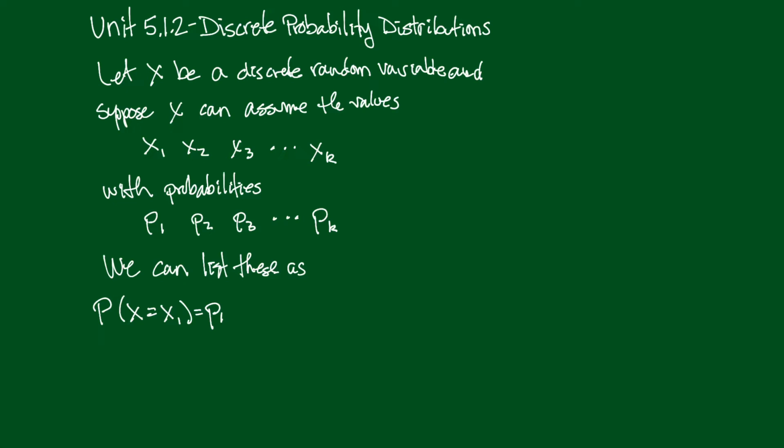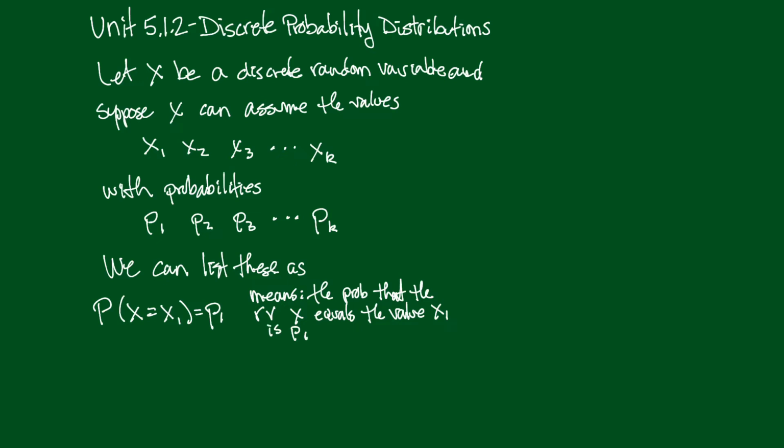Now I'm going to do this with a numerical example, but I want to do it in general first. Here's what this means: the probability that the random variable X equals the value x1 is P1.